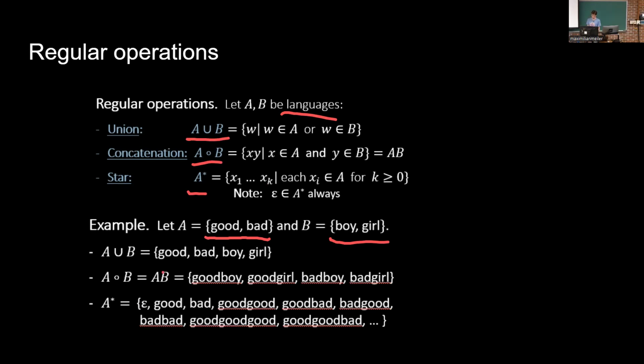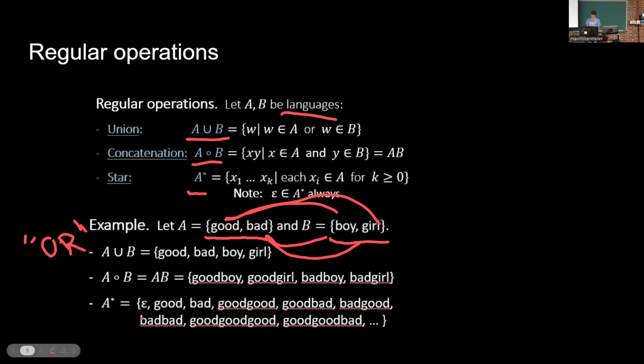If we union them, we'll accept the strings from either language. So this is essentially just like an OR. The concatenation literally does what it says. It takes every single combination and concatenates them together. And the star is given one of these, you start with the empty string and then you add as many of each string in the language together as much as you want. So it's infinitely large.